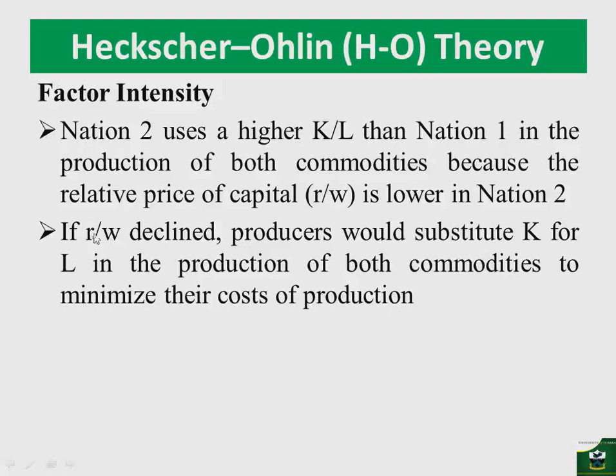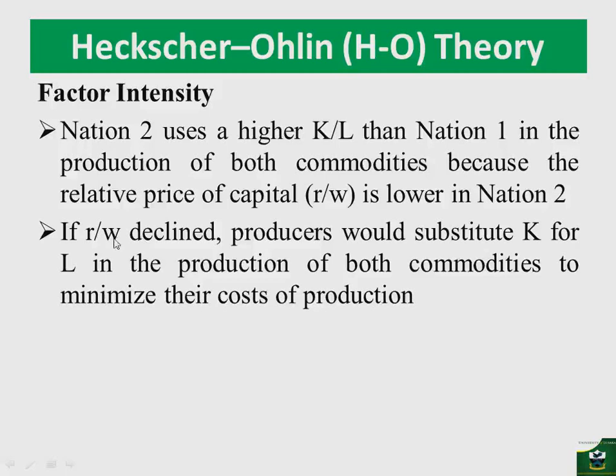And because the price of capital decreases, it means capital will become more attractive and there will be a high demand for capital, meaning capital will be substituted for labor.